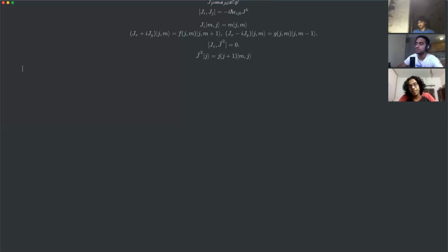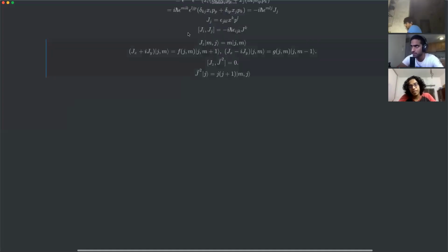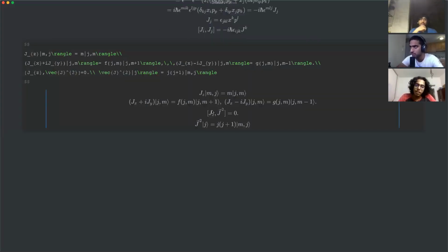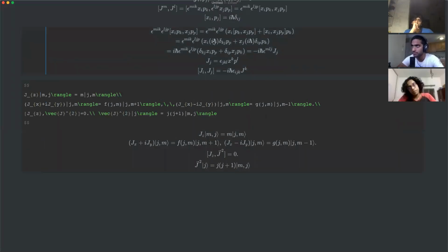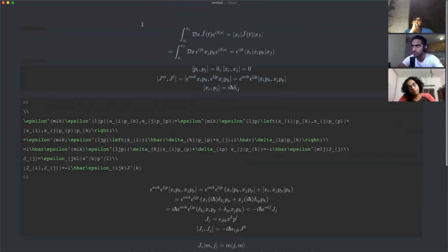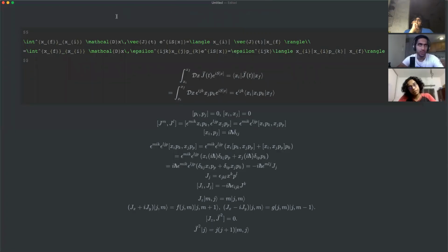This is an exercise that you do in group theory too, or in the representation theory of SU2. It's a nice one. There's a notion of root systems and such things in representation theory, where you find SU2 representations within whatever semi-simple Lie algebra you're looking at.